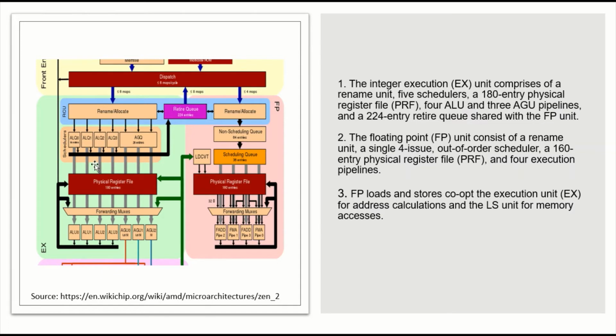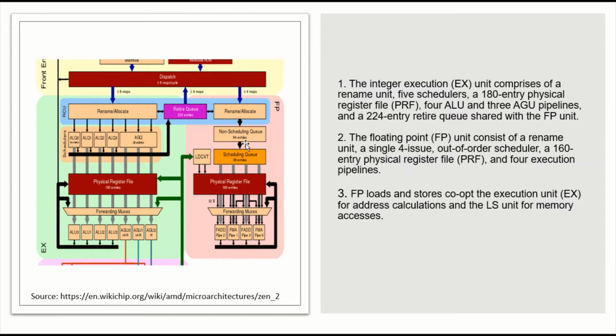The integer execution unit consists of a rename unit, 5 schedulers, a 180 entry physical register file, 4 ALU, and 3 AGU pipelines. There is also a 2 to 4 entries queue shared with the floating point unit.